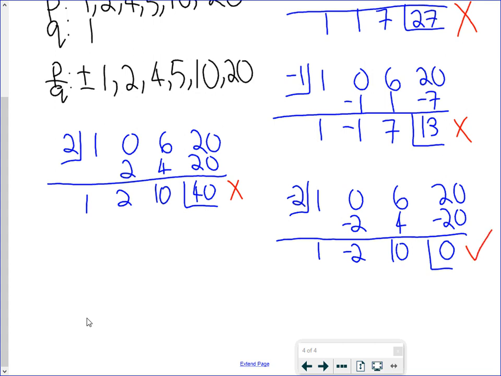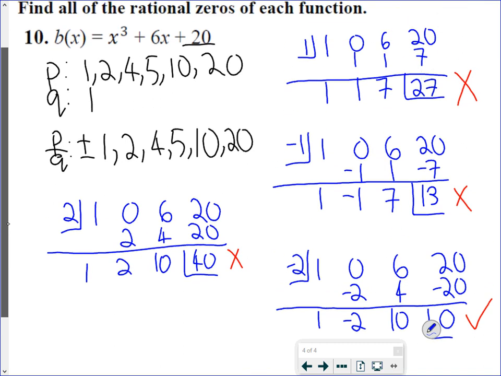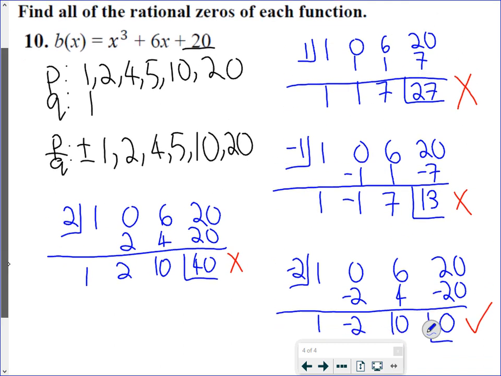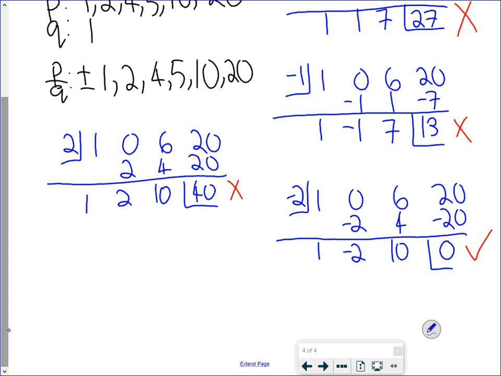So this is good. I can rewrite the original function, x cubed plus 6x plus 20, in the form x plus 2 times x squared minus 2x plus 10.